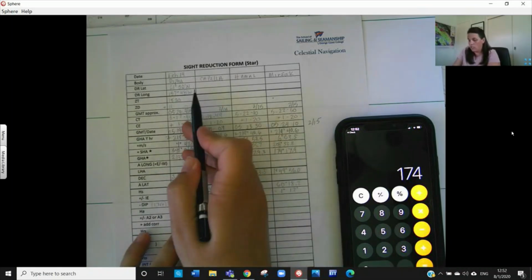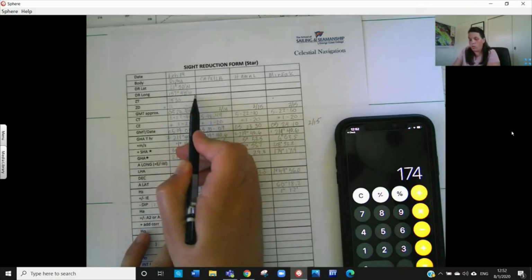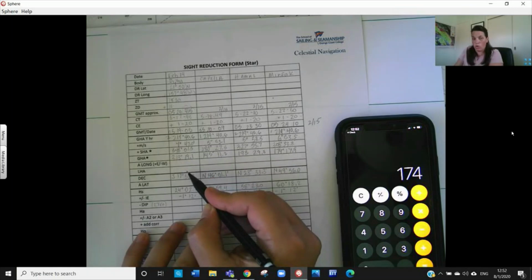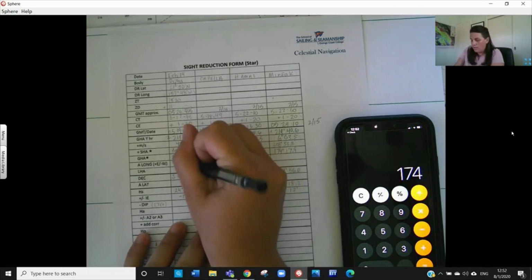Okay, so now we have our GHA of the stars, and we need to create an assumed longitude that will make our LHA a whole degree, so it has 0 minutes. I'm approaching Hawaii, so I'm in the Western Hemisphere, and I know I'm going to be subtracting the minutes section to get to a whole degree. So I'm just going to put in my minutes here.